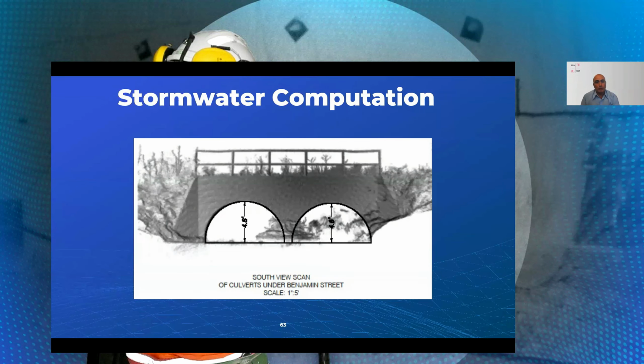We do stormwater computations. So this is a culvert at the outfall, we needed to perform and to show that our outfall is going to work. These 2 culverts have been in place for the past 50 years, so it was not easy to really get into that area. This took me only 5 minutes, literally only 5 minutes.